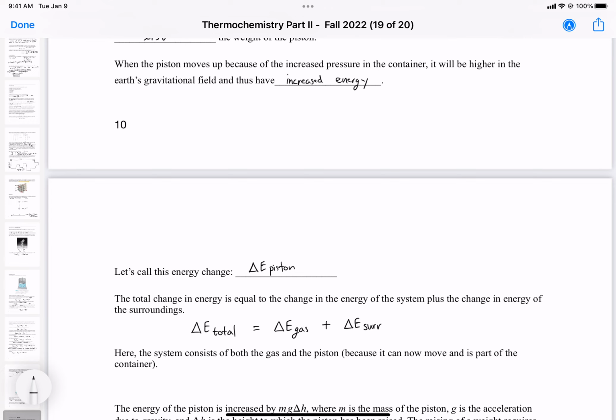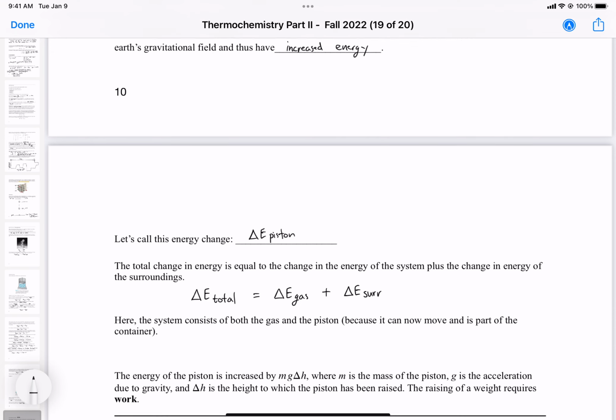Okay, so just like our last example, right? However, this time the system consists of both the gas and the piston because it can now move, and now it's part of what makes up the container, right? So now we have to insert an additional term here.